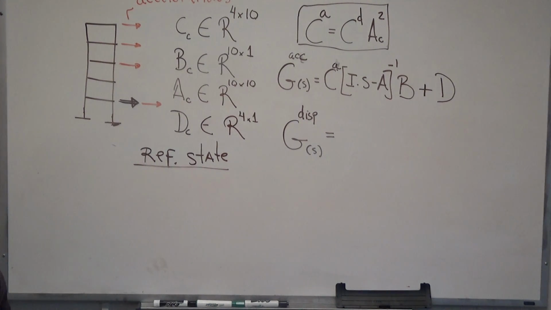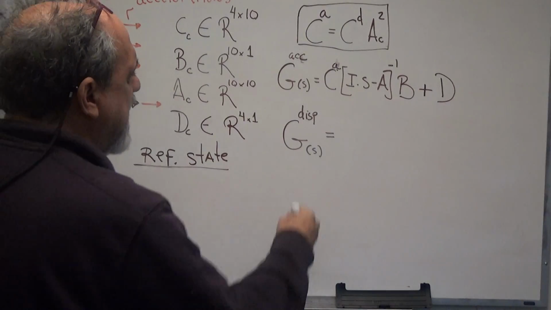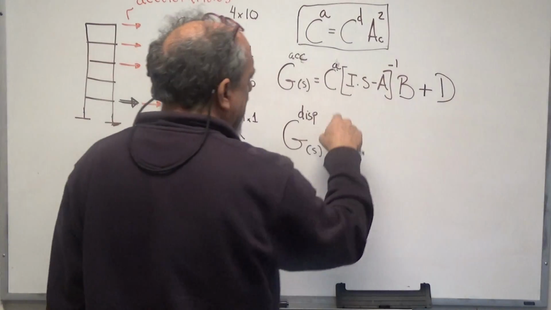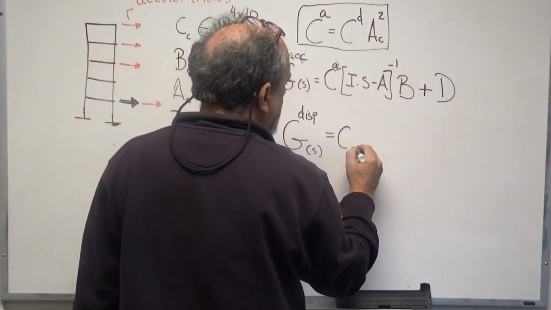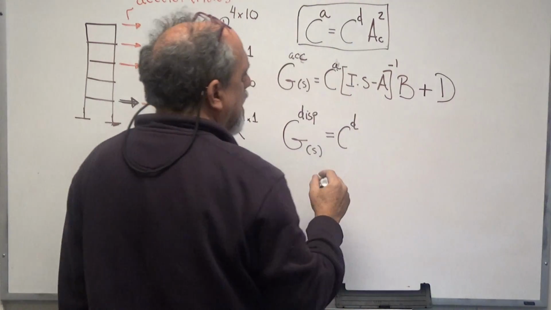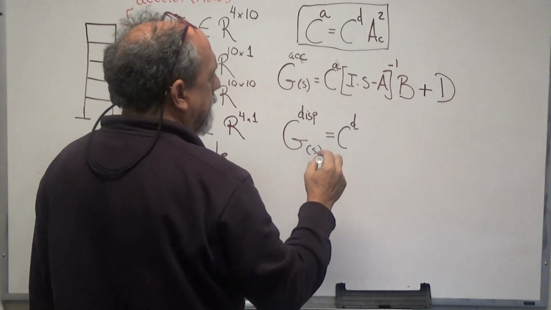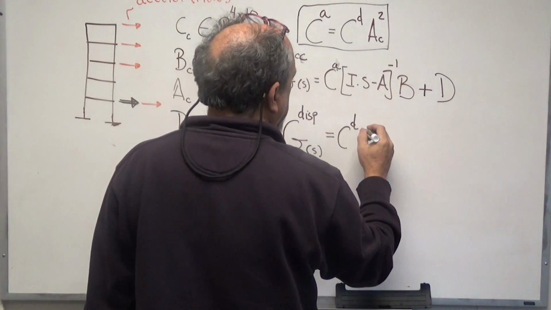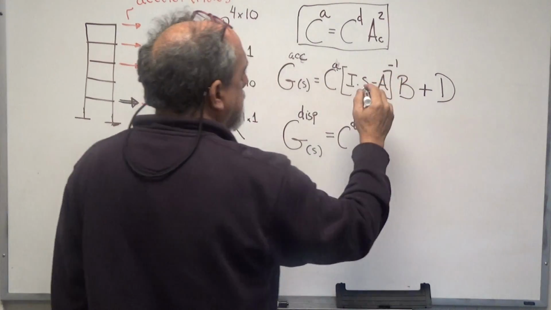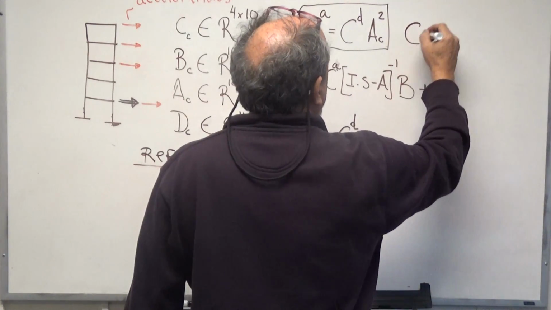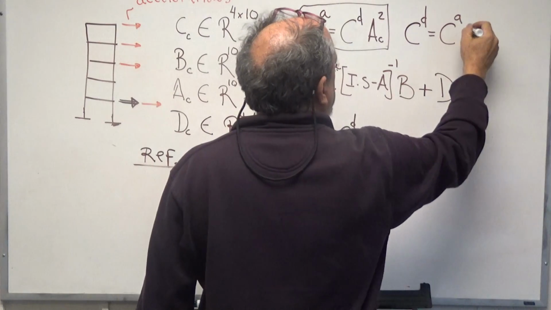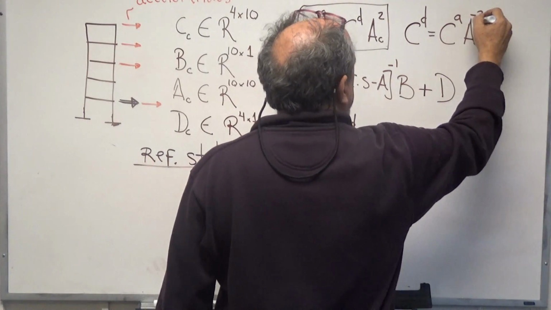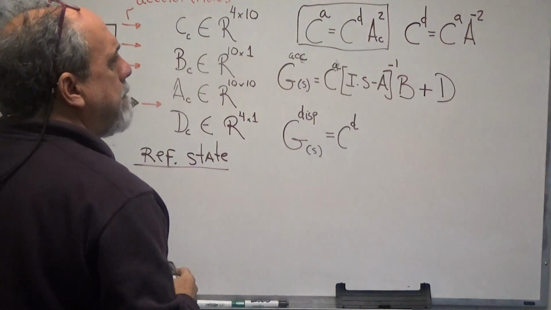So that means that if I have C acceleration here, I can just simply write C displacement is equal to C acceleration times Ac to the minus 2, okay?